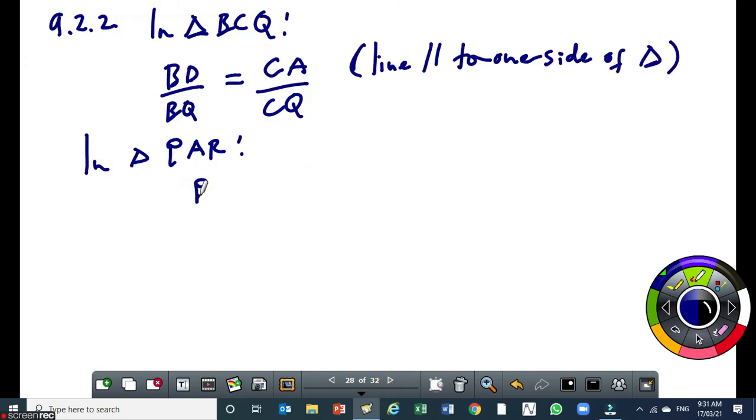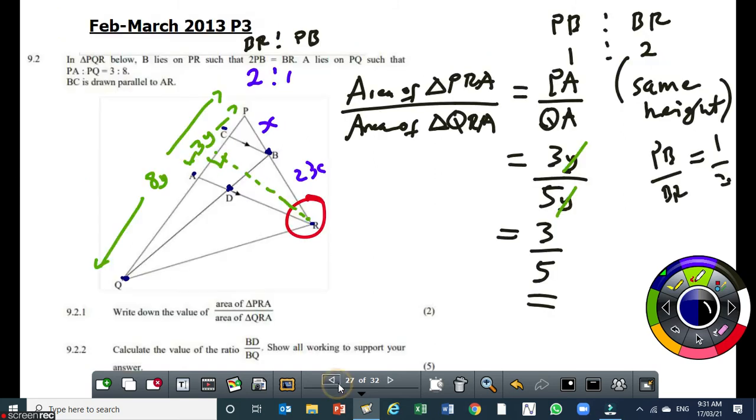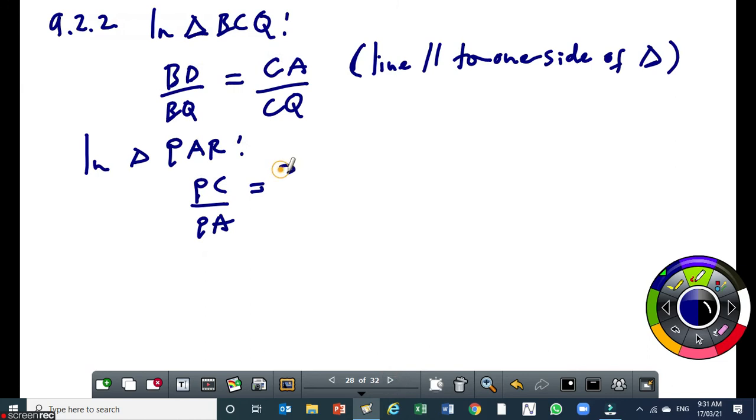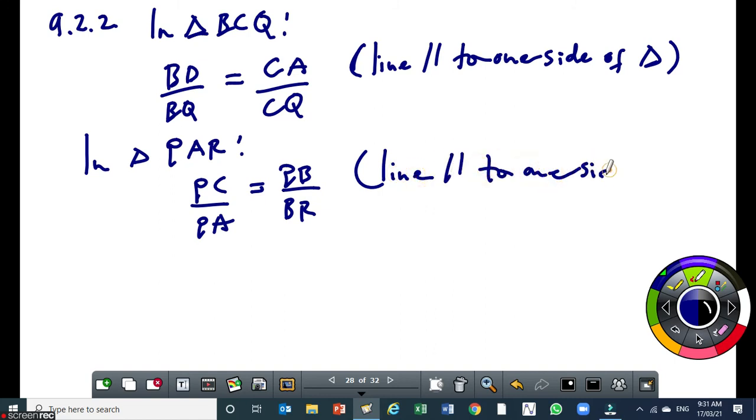So it will be PC over PA is going to be equal to PB over BR. Then I must write my reason: line parallel to one side of triangle.